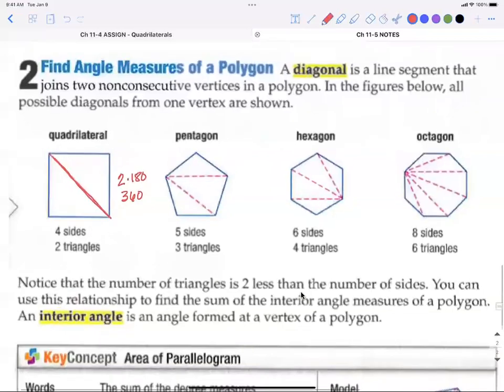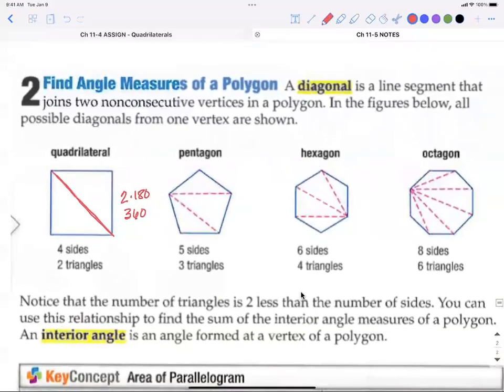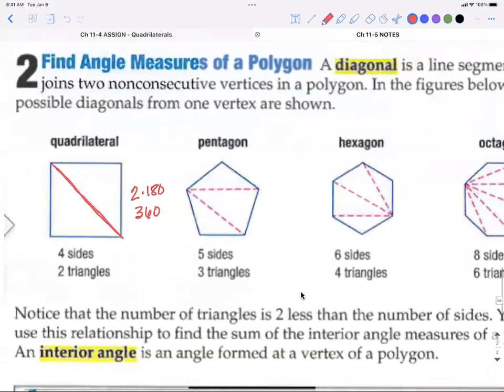So what do you notice? Yeah, exactly. Every polygon will create 2 less triangles than it has sides. We know that if we take triangle 1 and triangle 2 and multiply 180 by 2, we get 360.